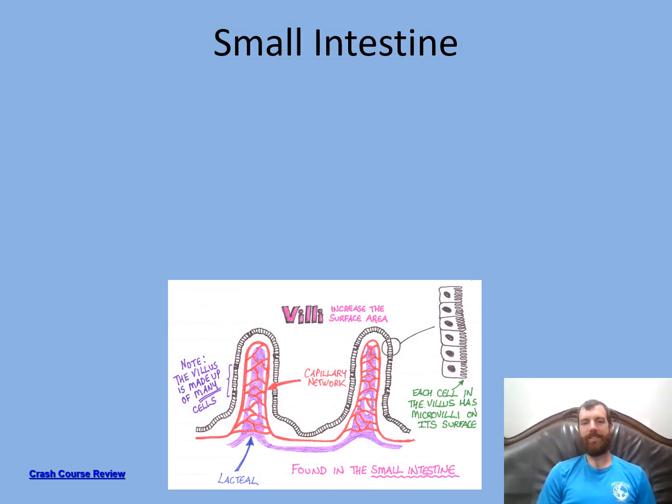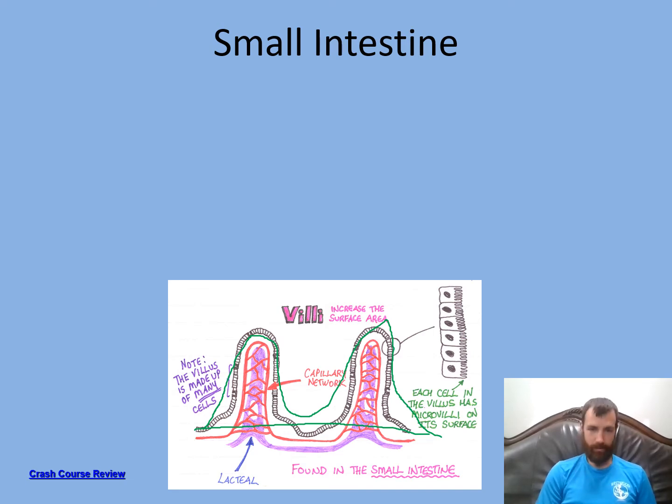So the small intestine. The amazing thing about the small intestine is it has these features that increase surface area. If it was just a tube, like a hose, it would just have this flat wall. And that flat wall would only have a pretty minimal surface area, let's say a meter. But if we were to fold upwards and down and make these little things called villi, now we've gone from 1 meter of surface area to 2 meters of surface area.